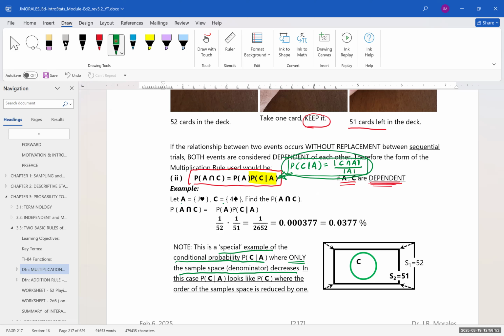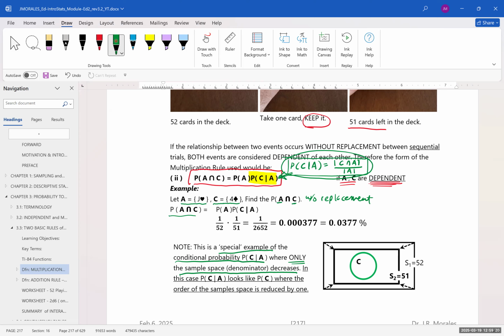So event A, we're going to say is the card the Jack of Hearts, and event C is the card Four of Clubs. So find the probability of getting a Jack of Hearts and a Four of Clubs, and this is assuming without replacement. I should have typed that in.